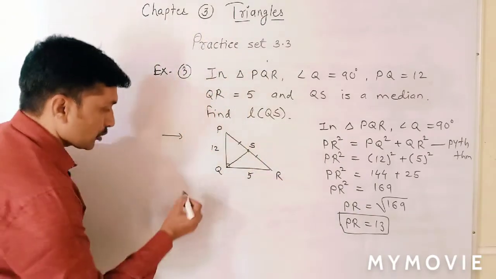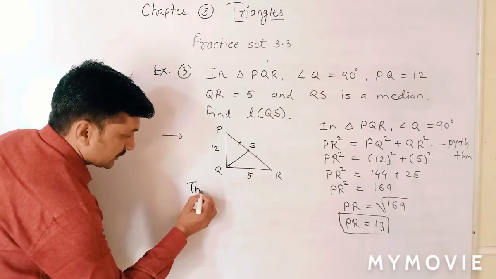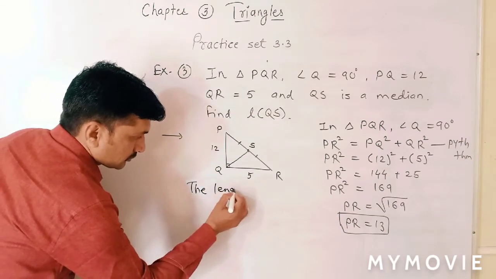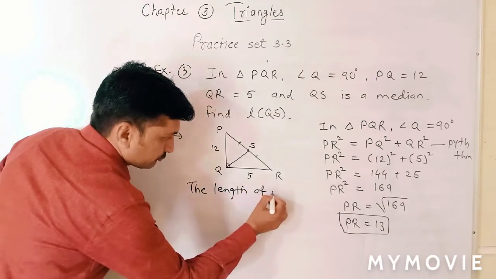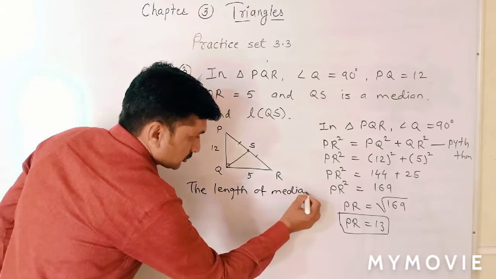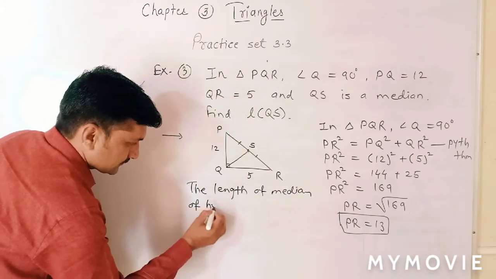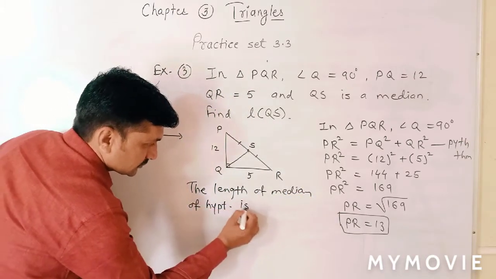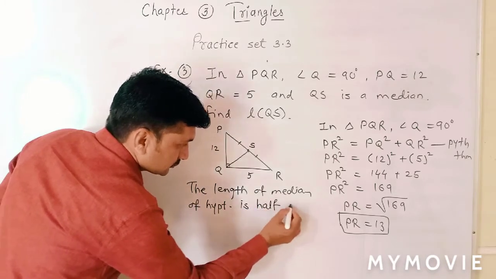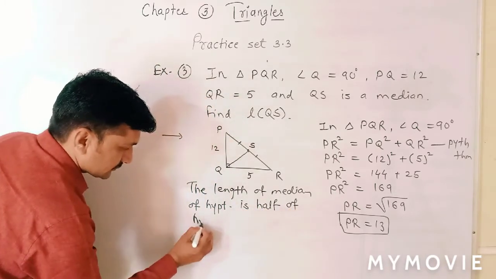Now we want the median. Property now. The length of the median of the hypotenuse is half of the hypotenuse.